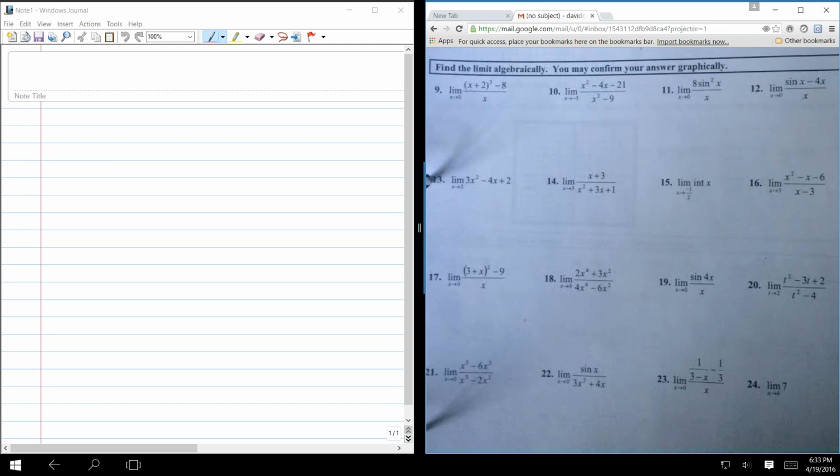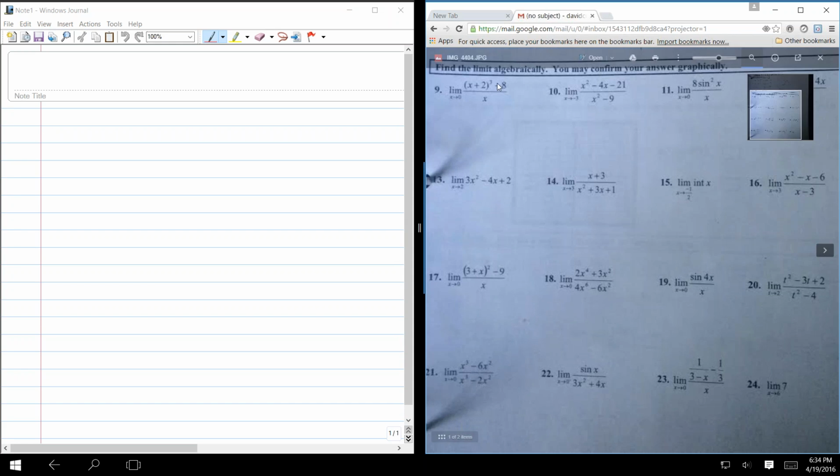Find the limit algebraically. How are we going to do that on the first one? So that's just -8 over 0, so that would be 0, so you have to do... No, hold on.